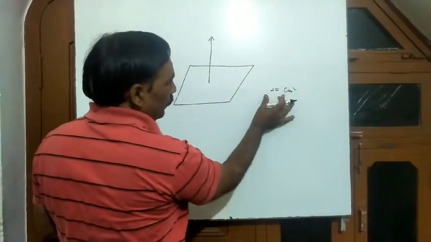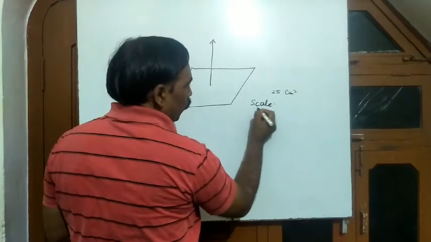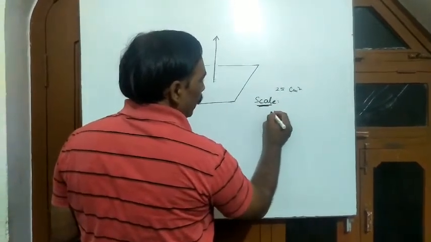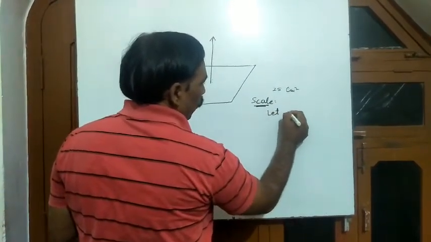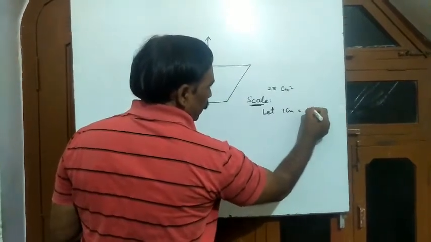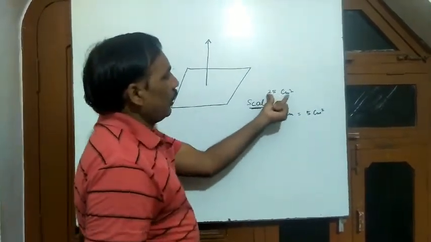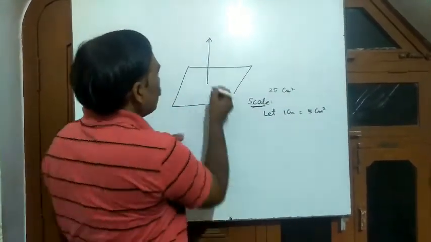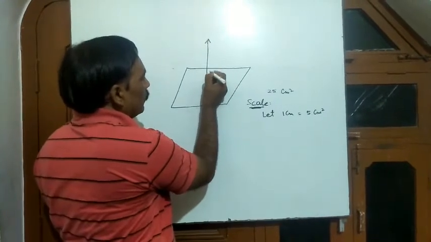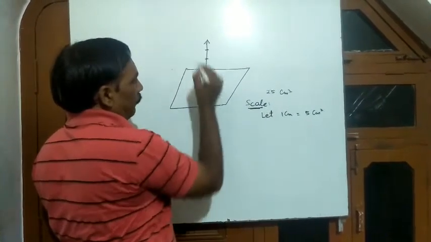So, if you want to represent this, you can take a scale. Suppose 1 centimeter is equal to 5 centimeters square. 5 centimeters square area is represented by 1 centimeter. 1, 2, 3, 4 and 5.